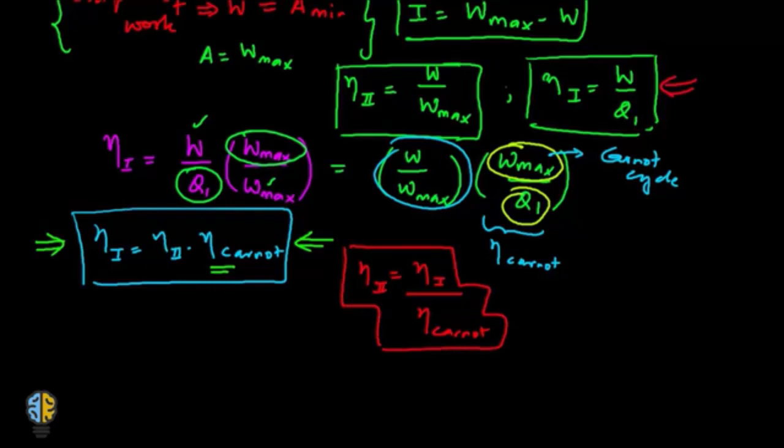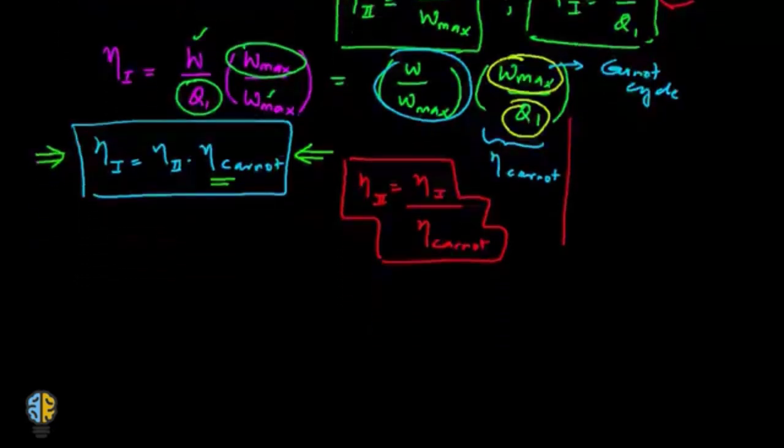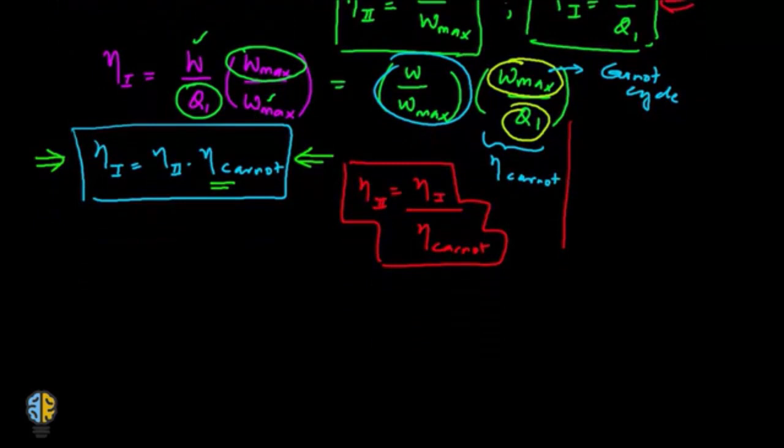Now, if you remember the expression for W max from one of the previous videos, W max can be written as Q1 into 1 minus T naught upon T, isn't it? So this is the value for W max.